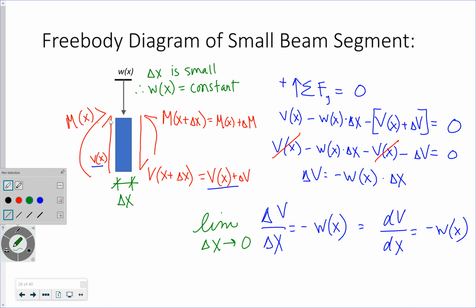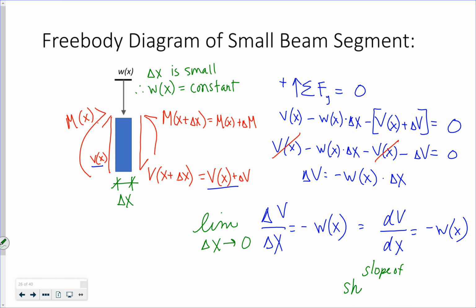So this means the slope of my shear diagram, or shear function, is equal to the magnitude and direction of the applied distributed load.